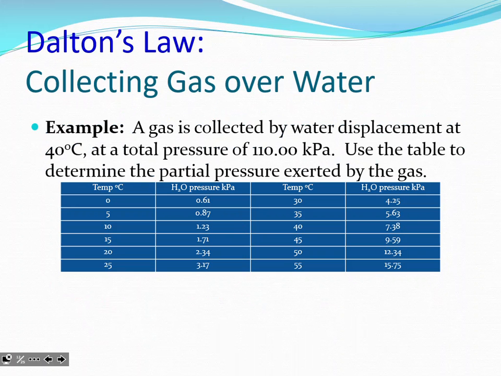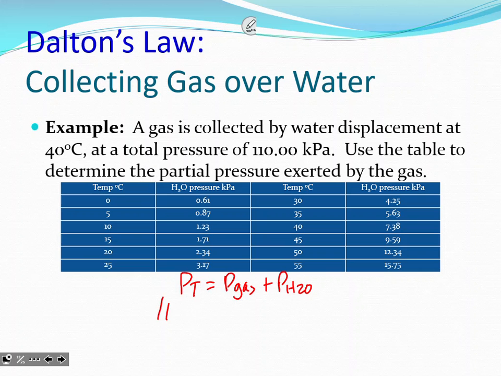So let's look at an example problem. We're collecting the gas by water displacement at 40 degrees. The total pressure ended up being 110 kPa. Use the table to determine the partial pressure exerted by the gas. Well, we have P_T equals P_gas plus P_water.